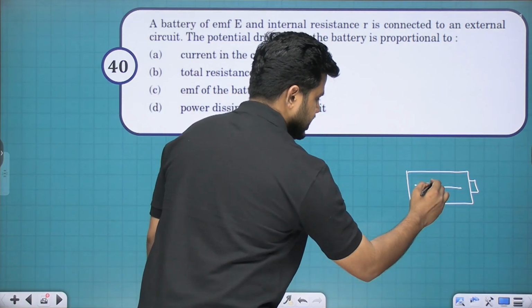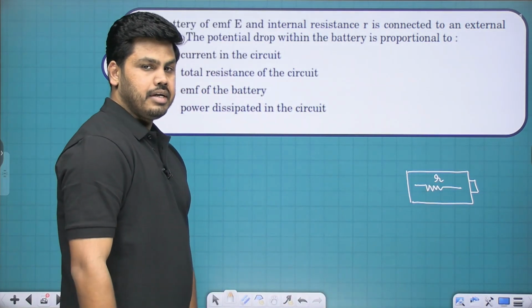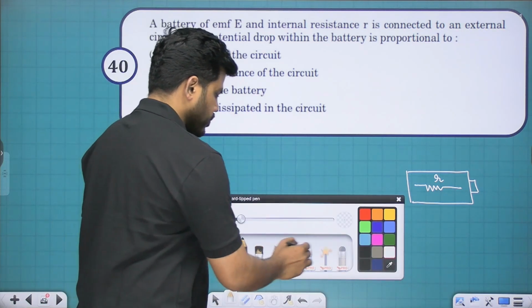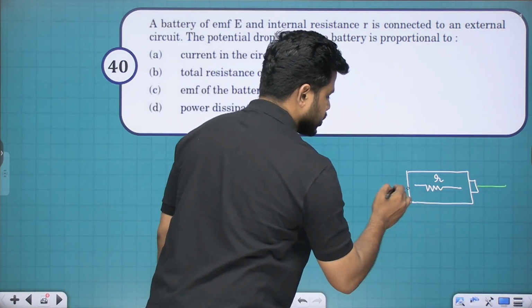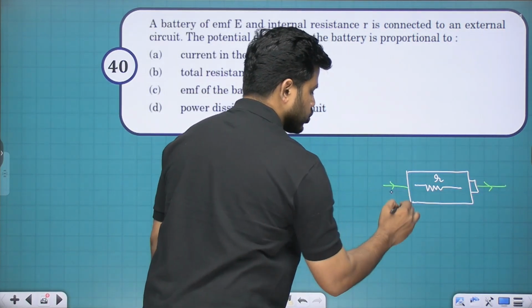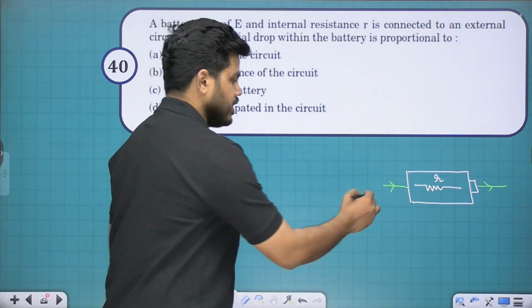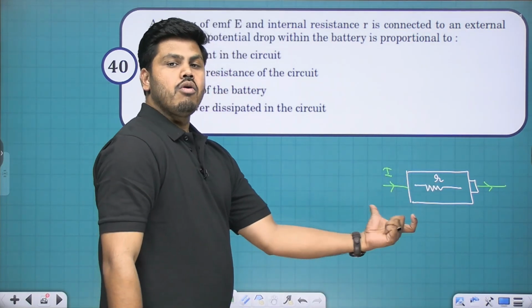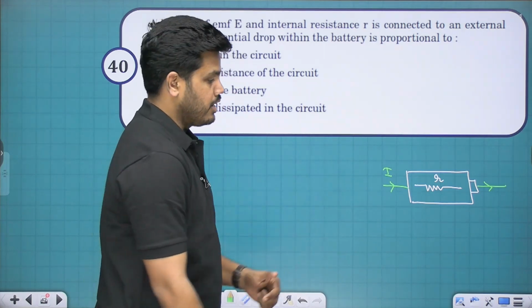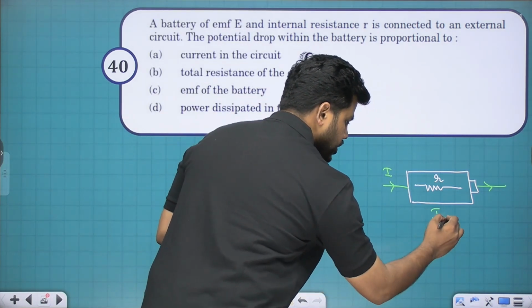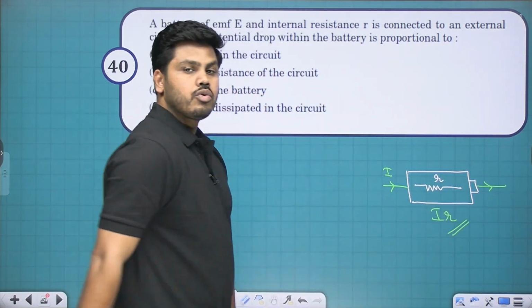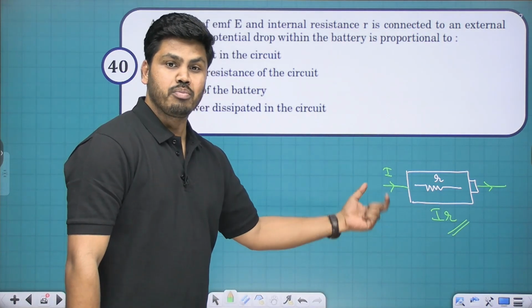That resistance is called the internal resistance of the cell, correct? Whenever this cell is used in a circuit, there will be some current flowing through that internal resistance, which will cause some potential drop inside the cell. That potential drop is current into resistance R.